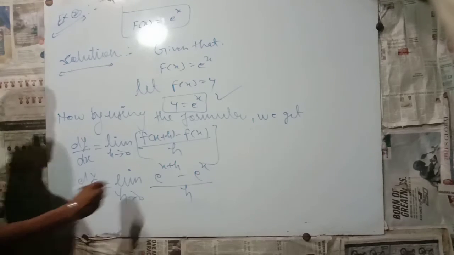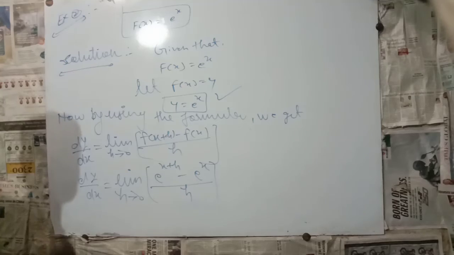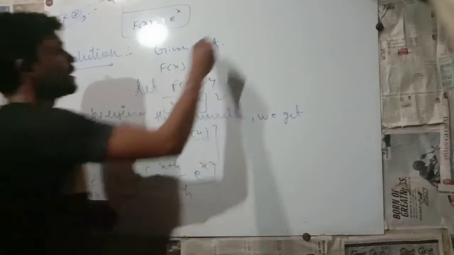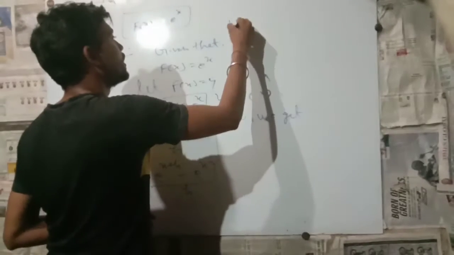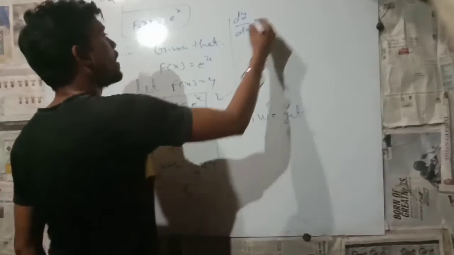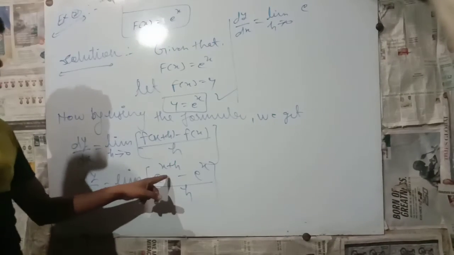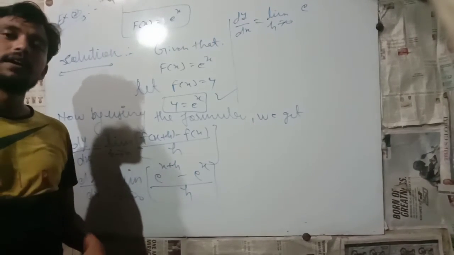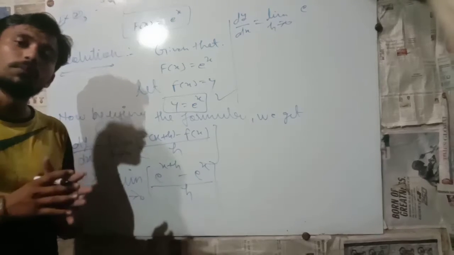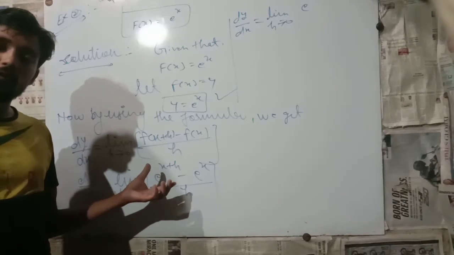Now we are going to solve this. How will you solve this? It's very simple to solve. So dy upon dx is equal to limit h tends to 0, and you can write the terms in addition form or in multiply form.